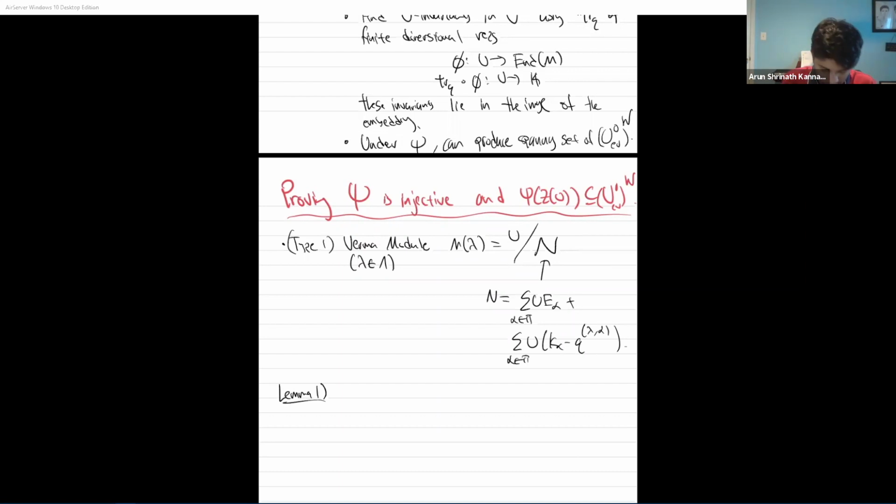And so we have this lemma, which explains how the center acts on these things. So z, an element of Z(U), acts on M(lambda) as a scalar, lambda of the projection map of z.